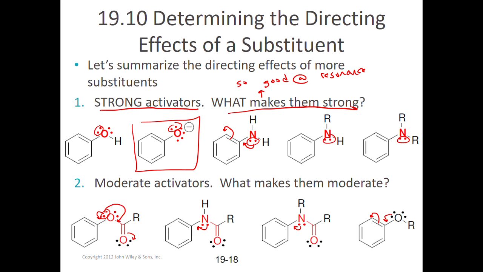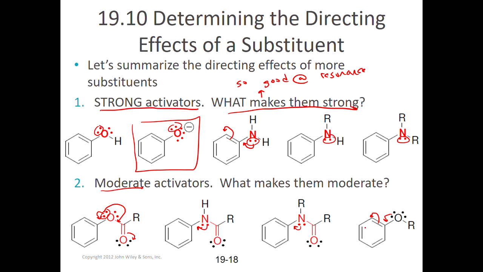So the lone pair is not available to stabilize positive on the ring to make this reaction happen more readily if it's also engaged in resonance outside the ring. Right? So none of these lone pairs are engaged in any resonance other than the resonance with the ring. So they're really able and available to stabilize the positive that forms on the ring during the transition state and intermediate. These ones are as well, but just not as much, which is why they're only moderately activating.